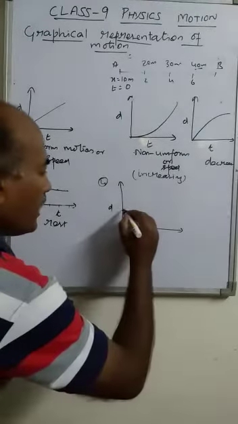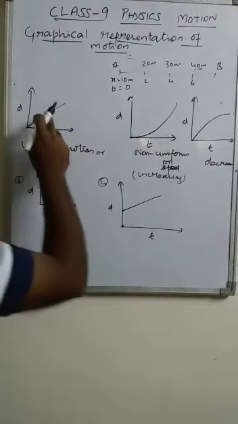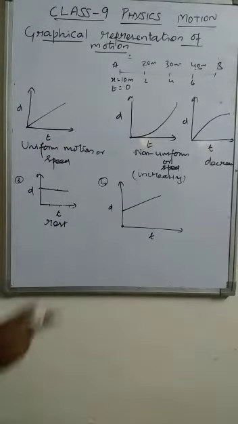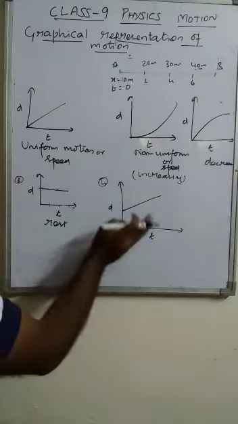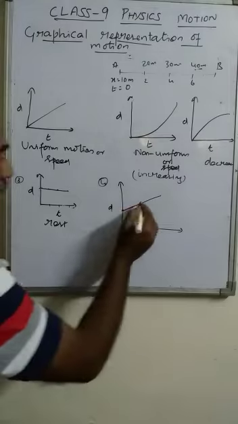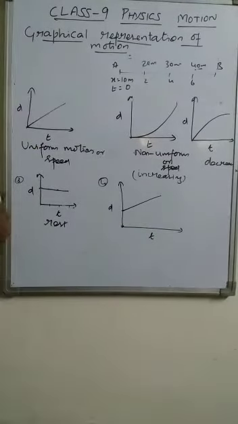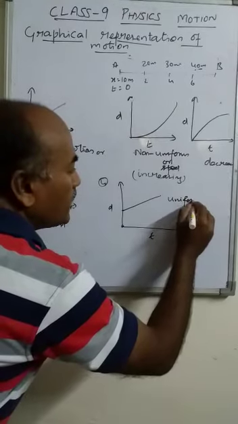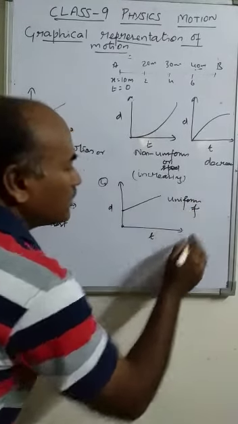Therefore, here also we get a straight line. For uniform motion, we always get a straight line, inclined to both the time axis and distance axis. This also represents the object is in uniform motion.